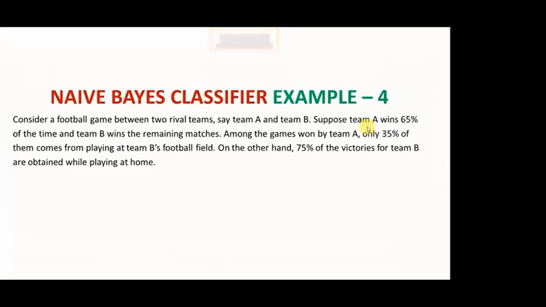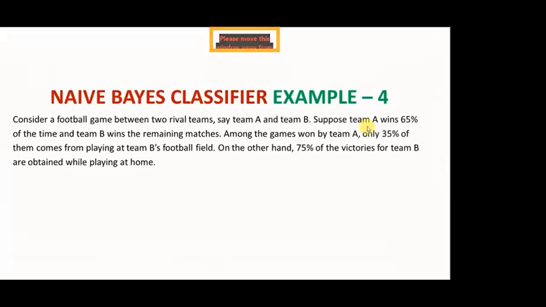Okay, consider a football game between team A and team B. Suppose team A wins 65% of the time and the remaining matches are won by team B. Among the games won by team A, only 35% come from playing at team B's football field.